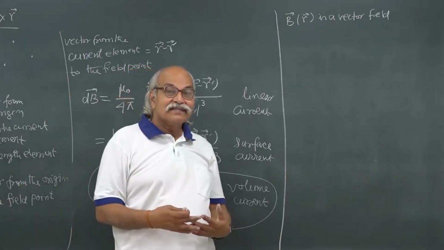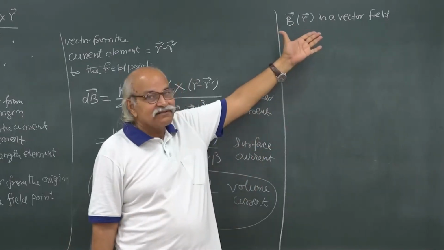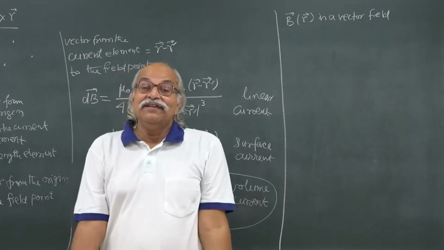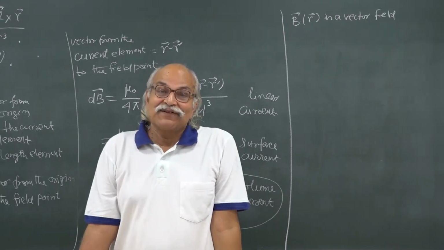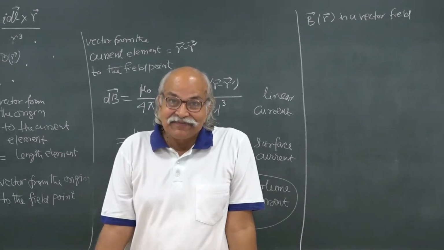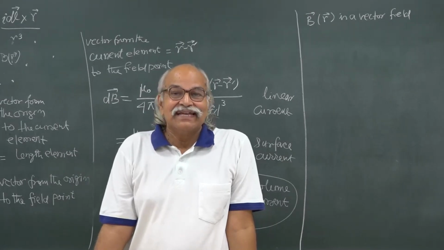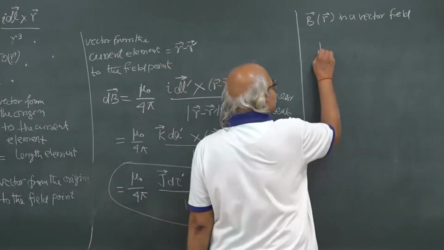So, temperature is a scalar field, and this quantity is a vector field. Now, for any vector field, two operations are very important, and those operations are divergence and curl. So, there is an operation called divergence of B.